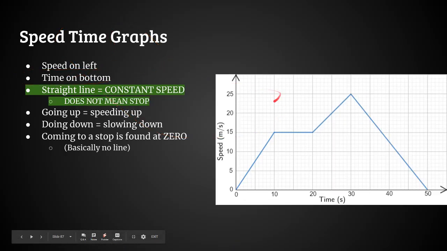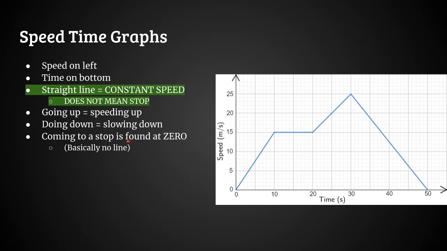For our speed time graphs, we've got our speed on the left, time on the bottom. A straight line means a constant speed. So right here, they're going 15 meters per second for 10 seconds, meaning that they traveled, I don't even know, 10 times 15, like 115.